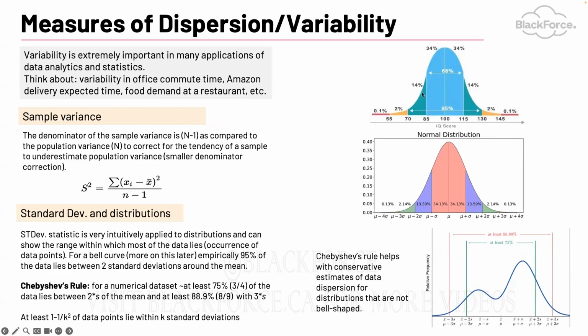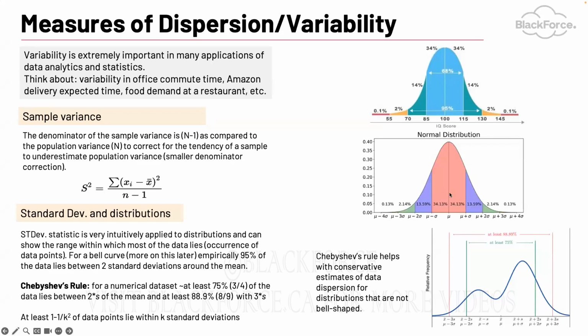So if you look at the middle graph where there's a normal distribution, this is a symmetrical distribution. The middle point is mu, or your mean. And we have standard deviation. We've seen what the formula is, the square root of variance.